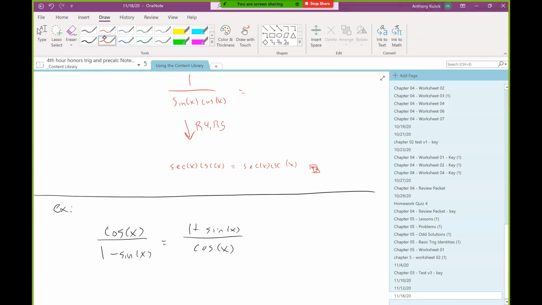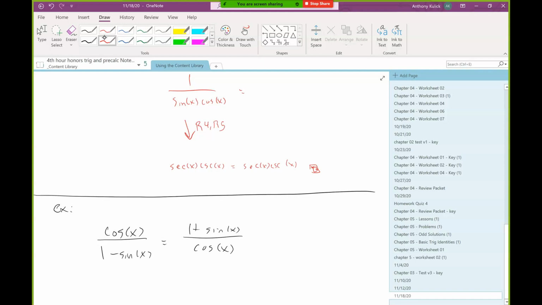Okay. So on this one, when we look at these two, each side looks basically the same in terms of complexity, right? And to be honest with you, it probably wouldn't make much of a difference which side you started on.